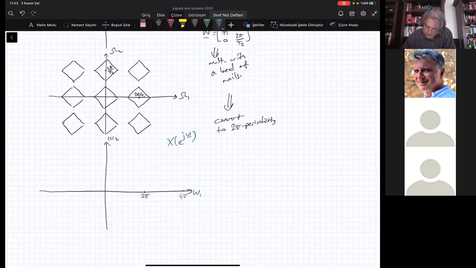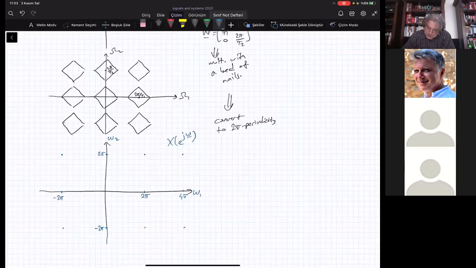This will be 4 pi, and this will be 2 pi, the same 2 pi in size, etc. Minus 2 pi, minus 2 pi. And these diamond shapes will be repeating at these 2 pi ranges, including here and here and here and here and here.